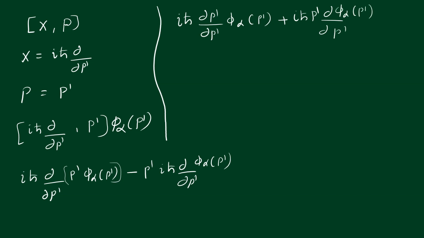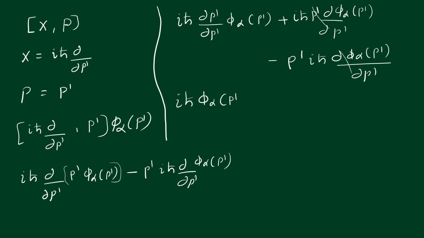And the other term just remains like that: minus p prime iħ partial derivative of phi alpha of p prime with respect to p prime. We see that these two terms are opposite, so they cancel. We are left with iħ, and the partial derivative of p prime with respect to p prime is 1. So this is simply iħ phi alpha of p prime.